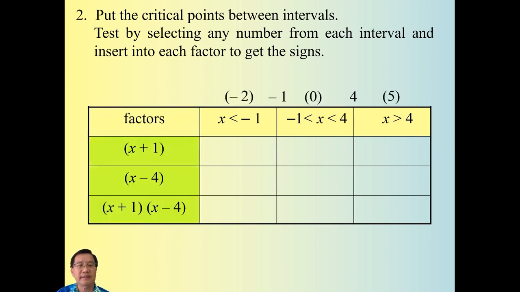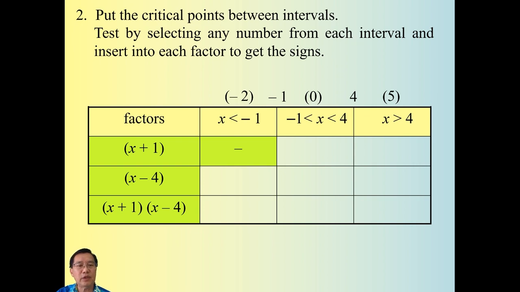For the interval x less than negative 1, let's say we choose negative 2. For x between negative 1 and 4, we choose 0. For x greater than 4, we choose the number 5. By substituting negative 2 into x plus 1, we have a negative number.